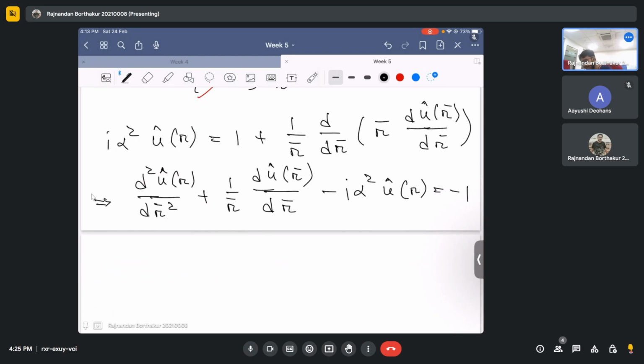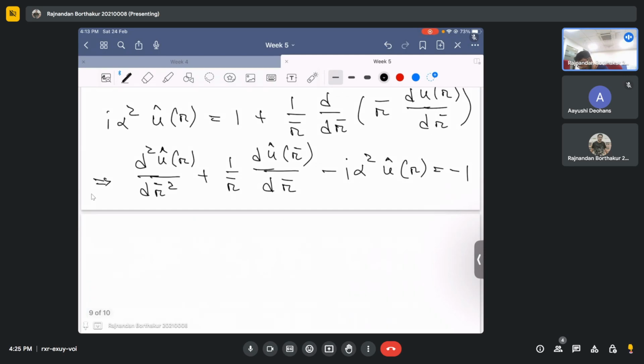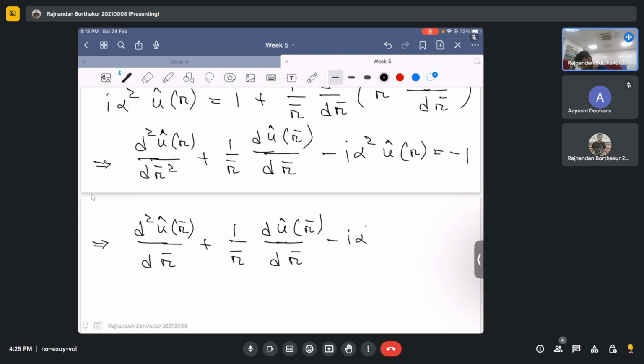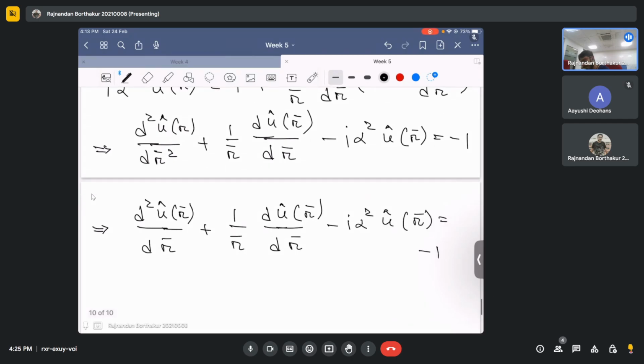If I write it down once again on the next page, we have d2 u hat of r bar by dr bar square plus 1 by r bar du hat of r bar by dr bar minus i alpha squared u hat of r bar equals 1.